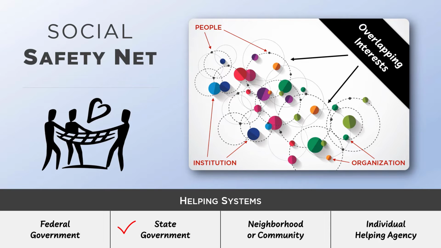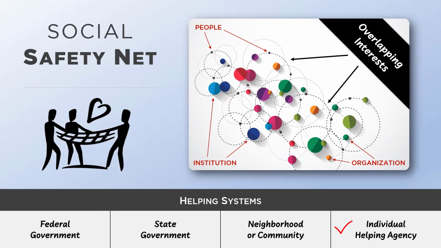The state government, which includes their Department of Social Services or Human Resources, with agencies in most counties. A neighborhood or a community initiative comprised of partnering helping agencies, like the United Way, community development associations, and civic groups that offer programs and services.